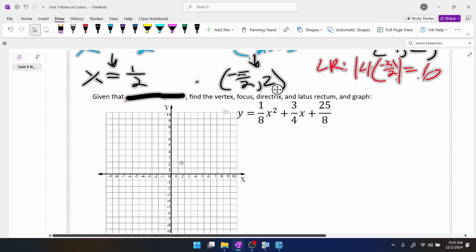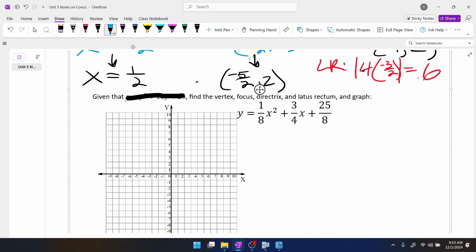All right, so basically, let's move some things around here. So you have 1/8 x squared plus 3/4 x equaling y minus 25/8. Now, what's going to happen here is you're going to be able to factor a 1/8 out of this and complete the square. And the other side should get rid of any fractions here.